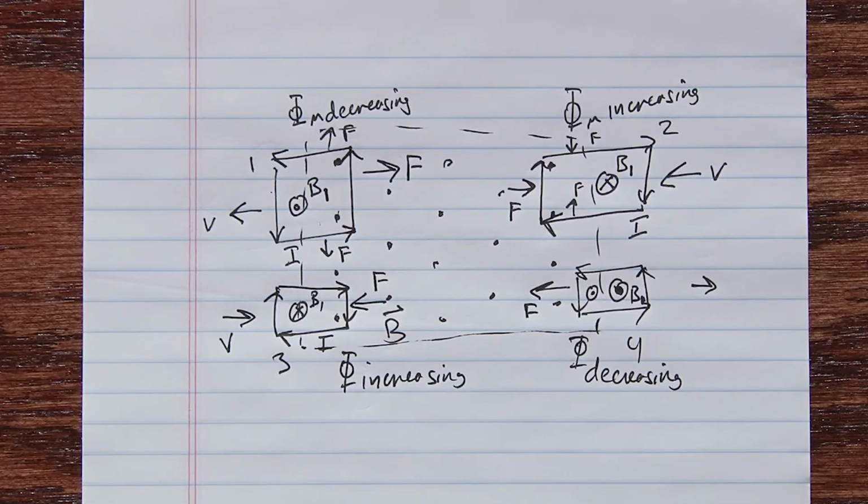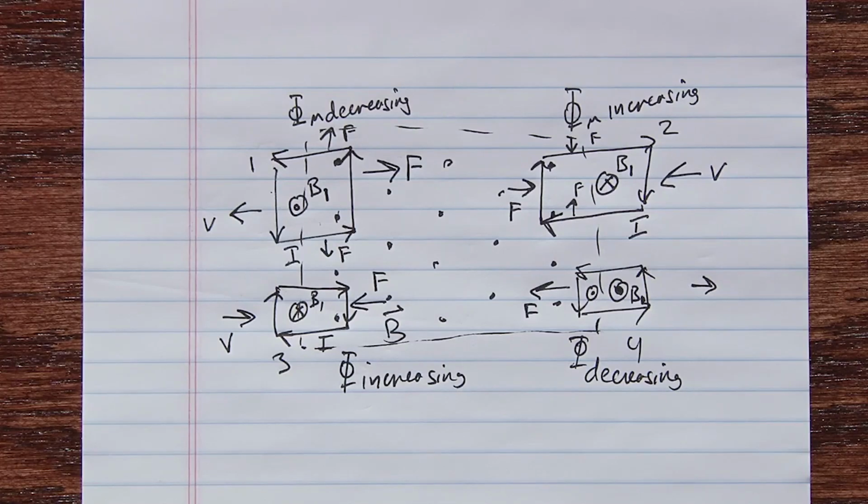So this is another way to think about induced electromotive force and currents, and it only has to do with the changing magnetic flux through the loop as given by Faraday's law.